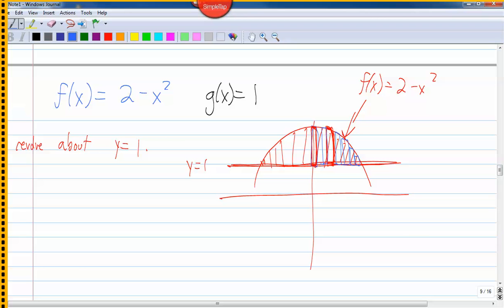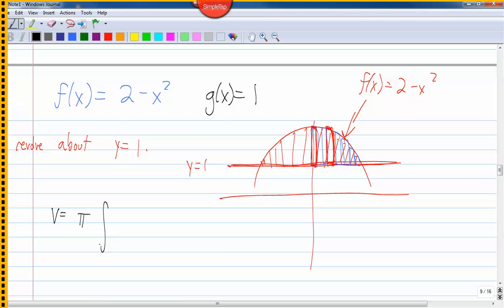Top curve minus bottom curve will give us the height of the disk, or the radius of the disk. So, to find the volume, that's going to be equal to pi times the integral.